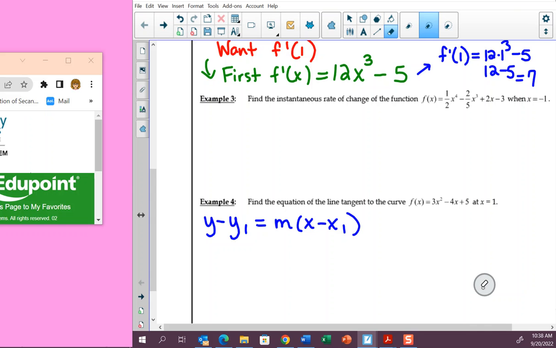Right, so instantaneous rate of change is just derivative. It's just slope at 1 point. And we've got the derivative shortcut of the power rule to help us. So we don't have to throw anything in the limit definition of the derivative. All we got to do is generate the derivative function and then use that to find my derivative value.